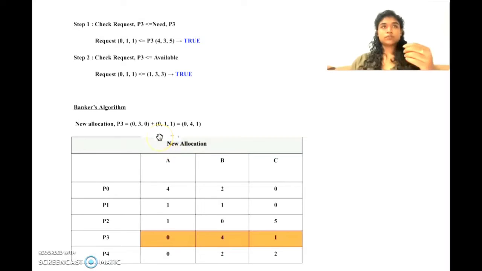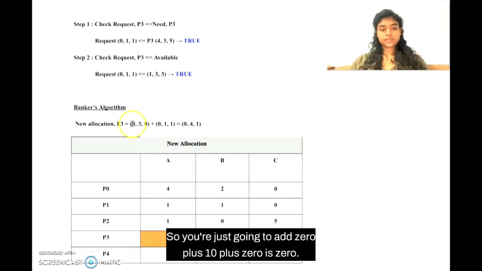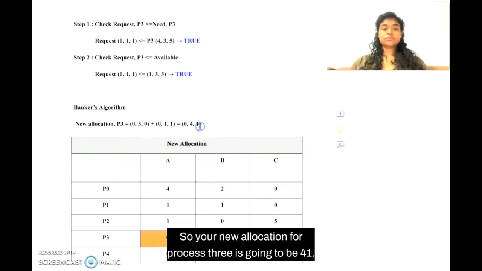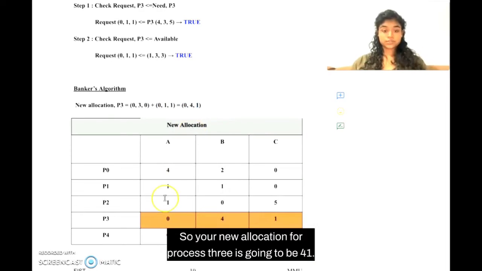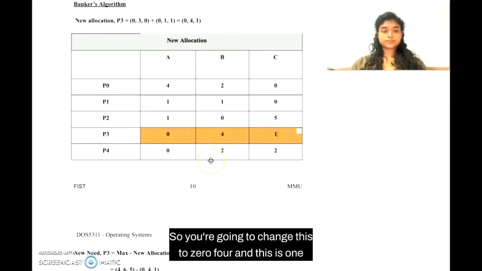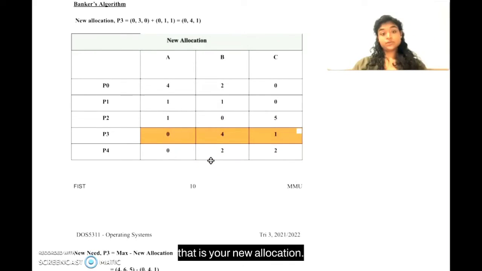You just add: 0 plus 0 is 0, 3 plus 1 is 4, and 0 plus 1 is 1. So your new allocation for process 3 is 0, 4, 1. You're going to change this to 0, 4, 1.